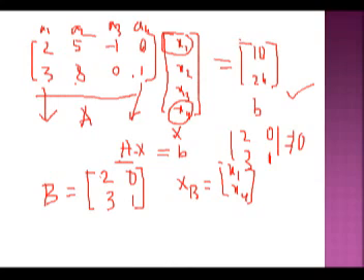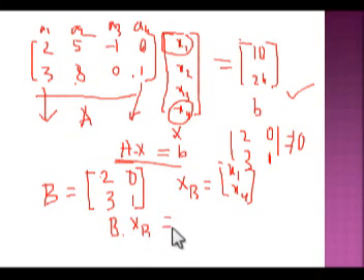Then xB will be B inverse b. Because x2 is equal to 0 and x3 equal to 0, the other columns multiplied by 0 give nothing, so we can deduce this form: B into xB equal to b.